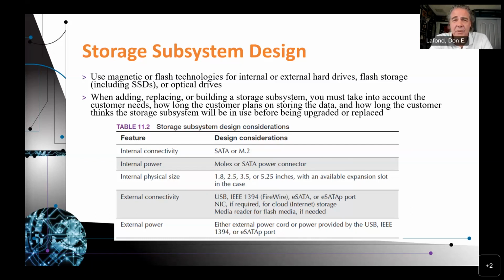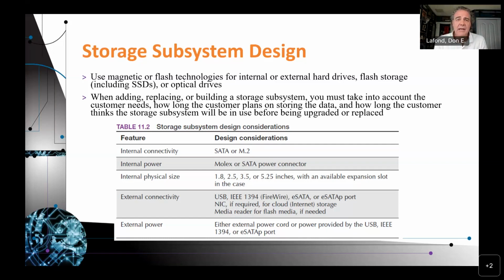If you have multiple NIC connectors, you might be able to do that. If required for cloud or internet storage. That way, when you're at work, if you have access to it with the right software, you would be able to access your hard drive externally. That's nice, but you've got to be aware of security as well if that's what you're doing.